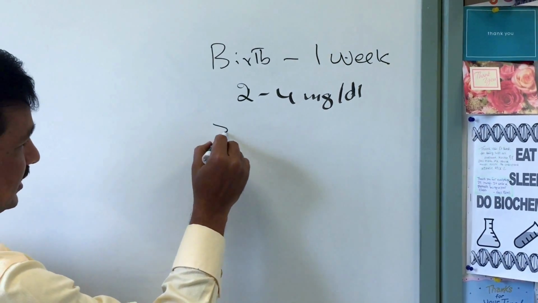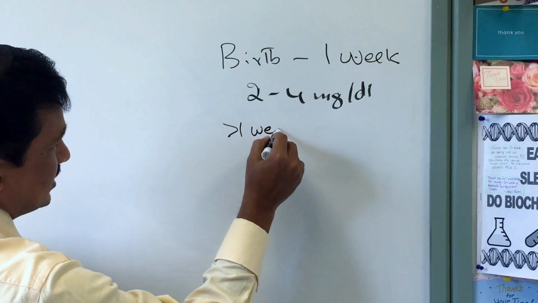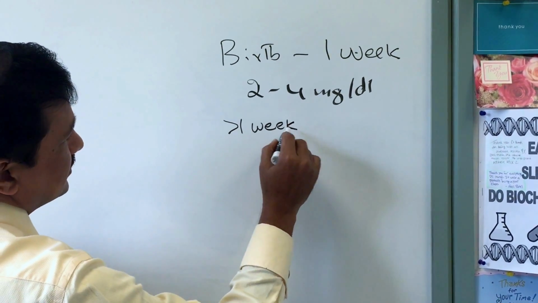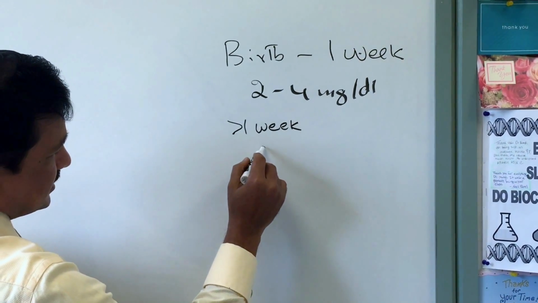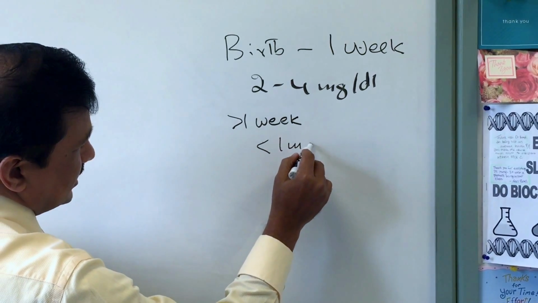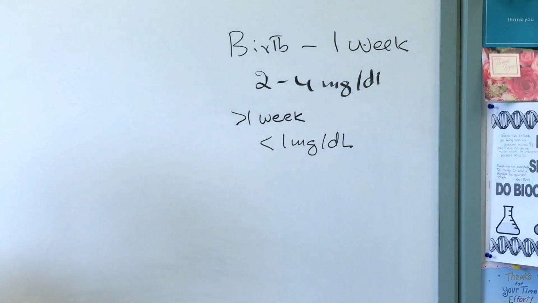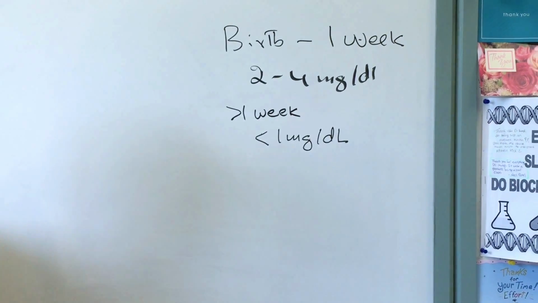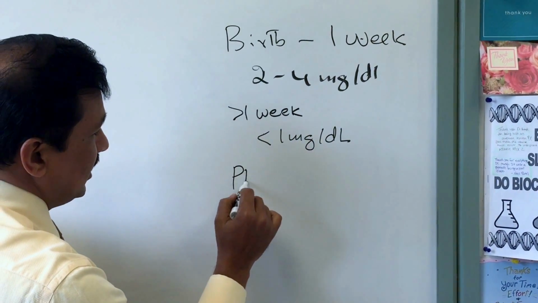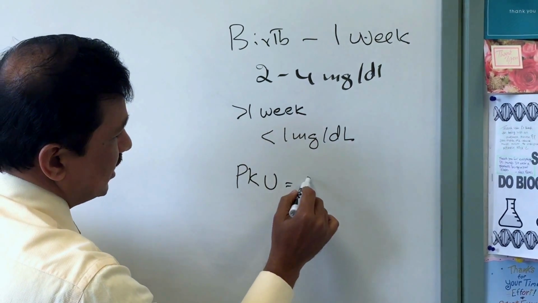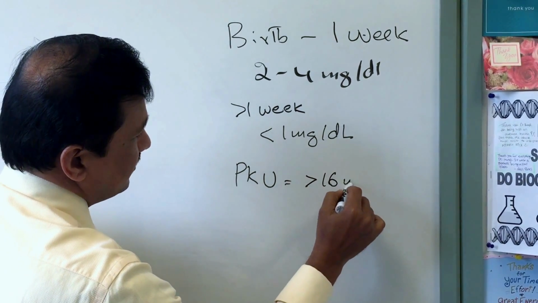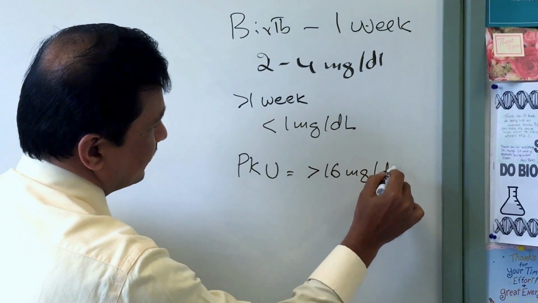After 1 week, normal blood phenylalanine levels will be less than 1 milligram per deciliter, whereas in PKU, phenylketonuria patients, it will be more than 16 milligrams per deciliter.